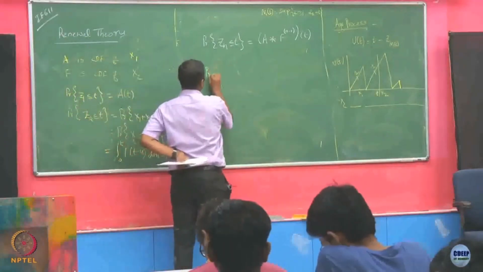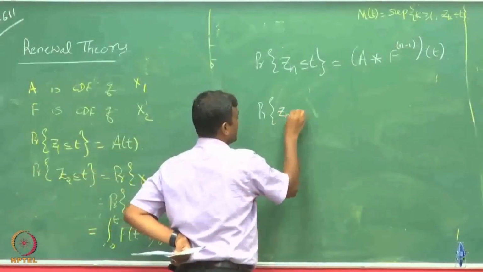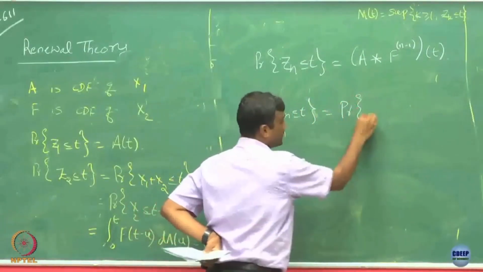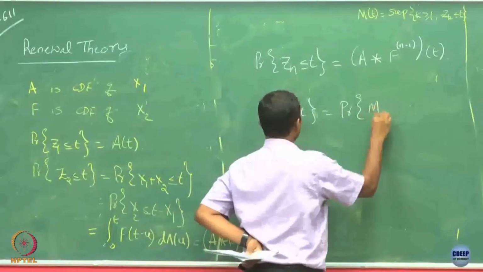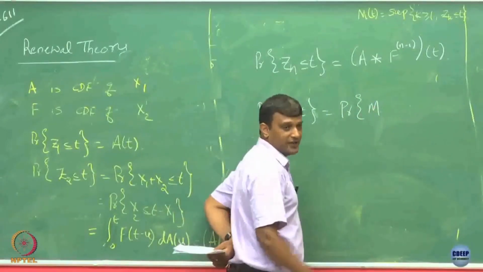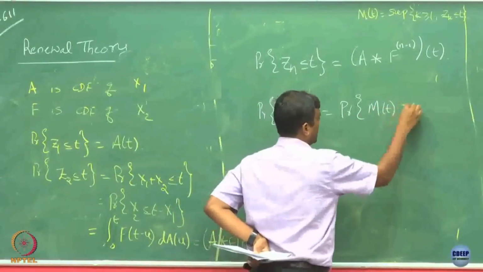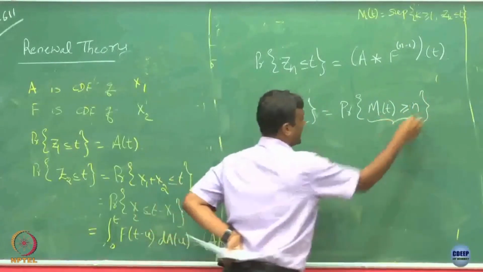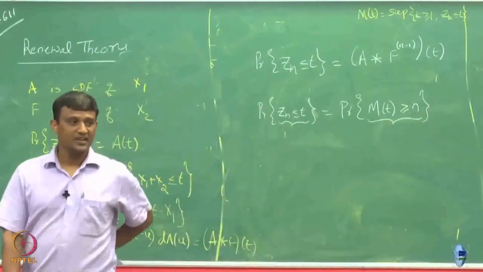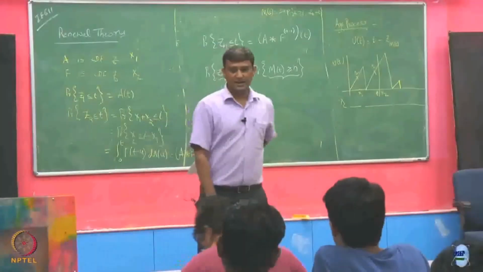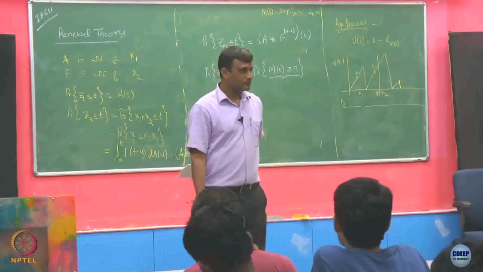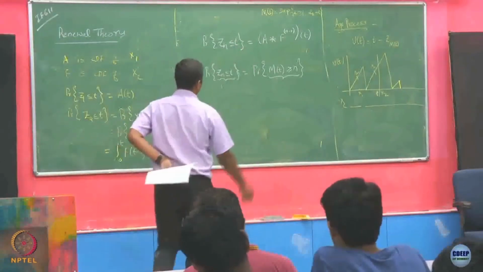I know that the probability of Zn less than or equal to t is equal to the probability that M of t is greater than or equal to n. We have already shown these two events are equivalent, right? So if these two events are the same, then the probabilities must be the same. So you see that now we have this.